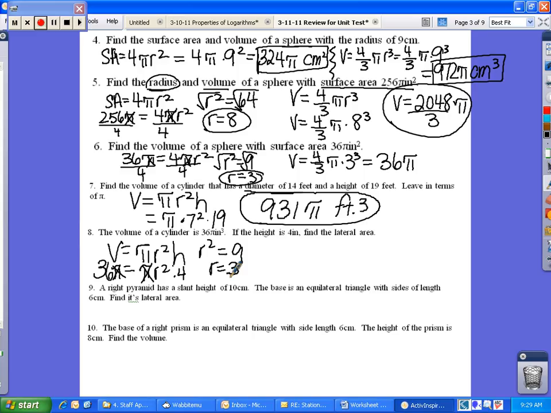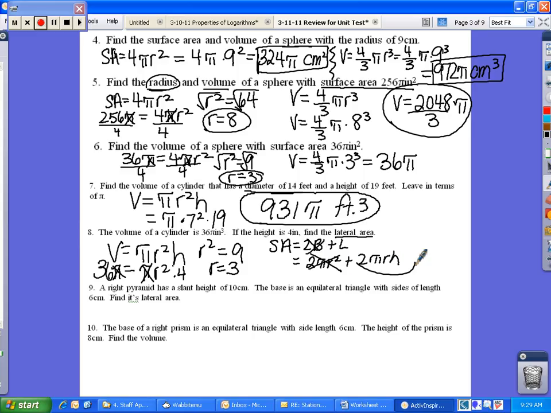Okay, now with the radius of 3, I only want the lateral area. So what is the lateral area? Well, my formula for surface area of a cylinder is 2 pi r squared, or 2 times the area of the base, plus the lateral surface. So 2 pi r squared plus 2 pi rh. Do I need the bases if I only want the lateral surface?